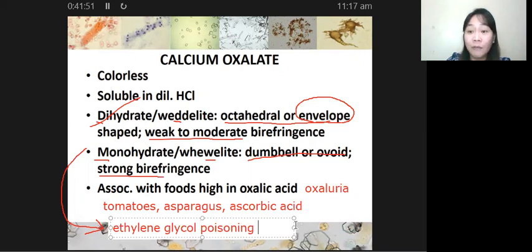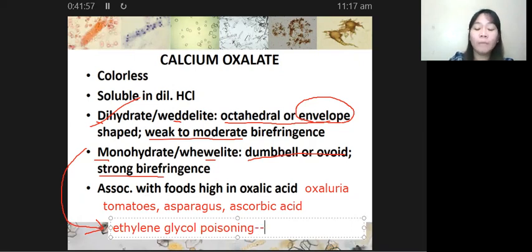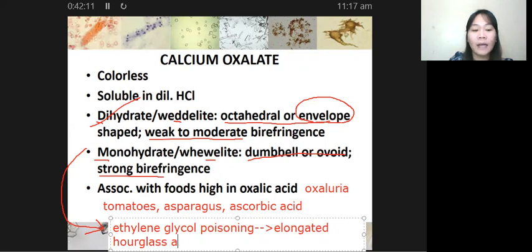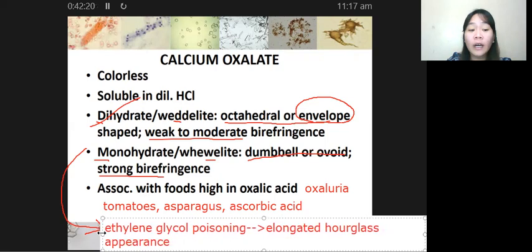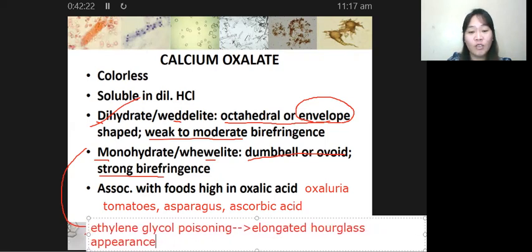This is an antifreeze substance or antifreeze agent. Usually the specific morphology of your monohydrate is an elongated, hourglass appearance. So that is the morphology of our monohydrate that is associated with ethylene glycol poisoning.